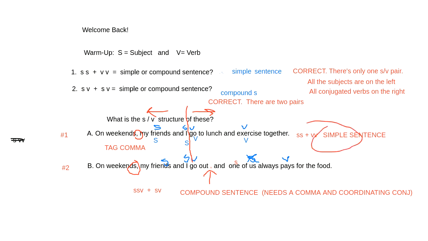Okay? That's going to be simple. But if I have subject and verb and then another subject and verb, it will be compound. Okay? So I'm going to clear this whiteboard screen so we can write some answers if we need to on the whiteboard here. Okay, so practice 1 on page 226.